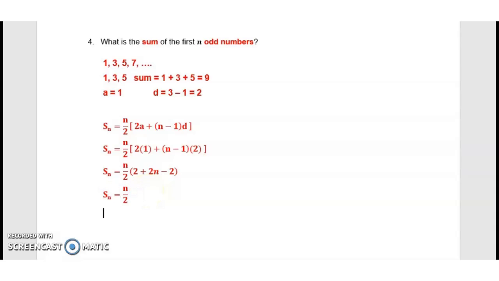Okay, simplify the value in the bracket. 2 minus 2 is 0, so here we multiply by 2n. So 2 over 2 equal to 1. So at last, Sn, we will get n squared.